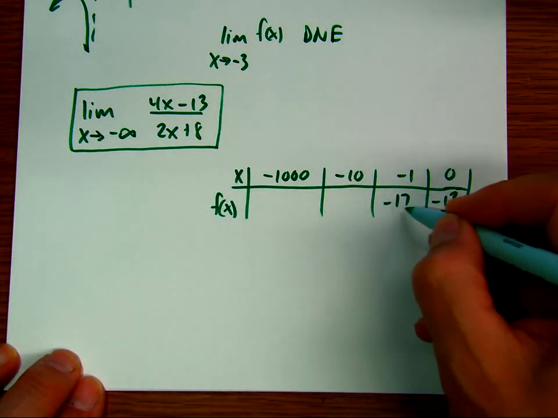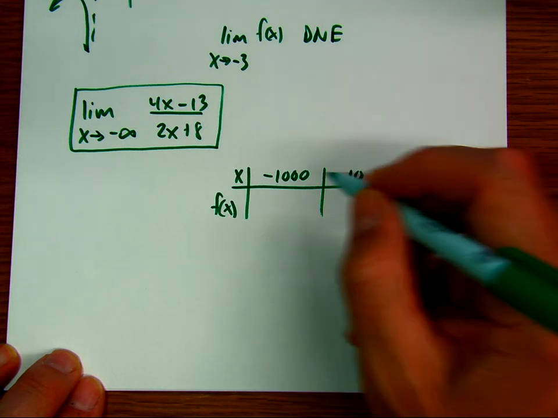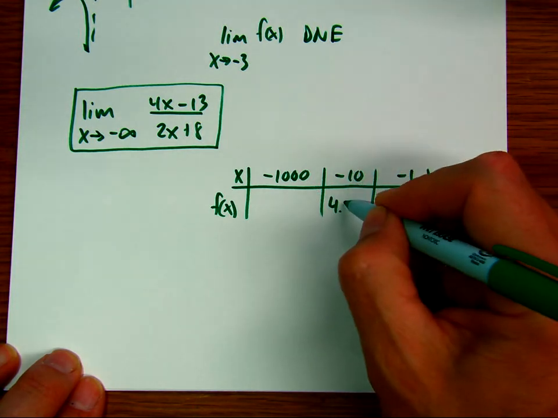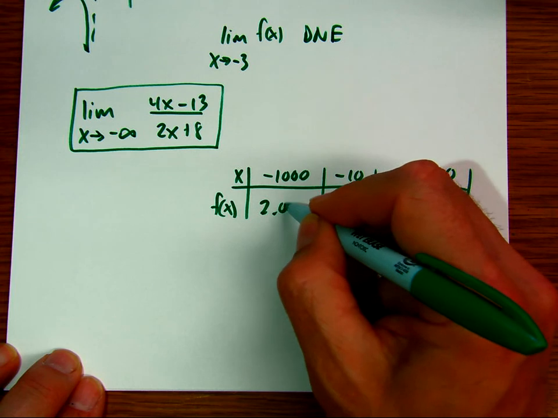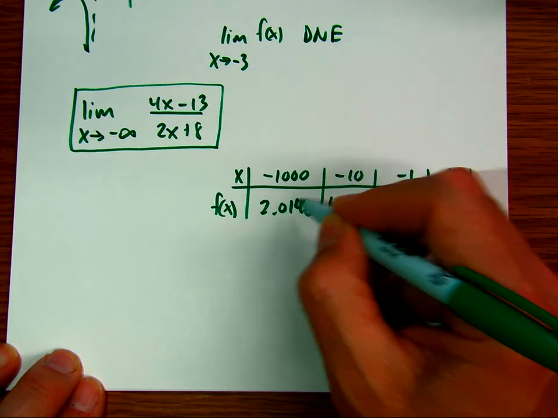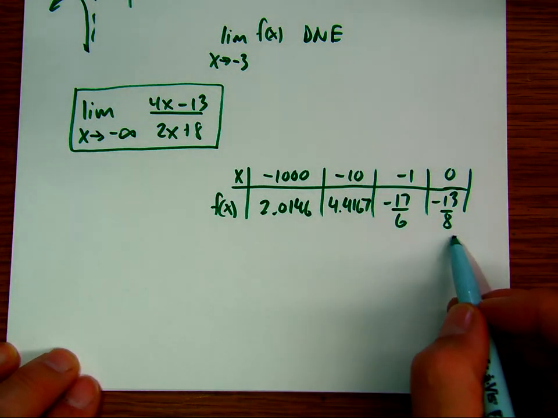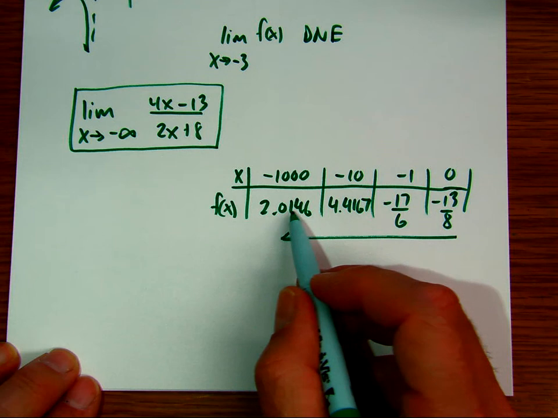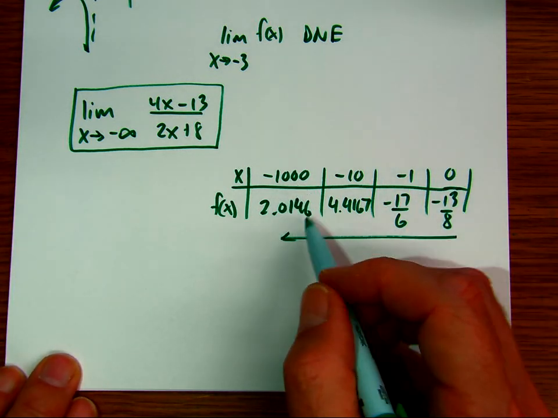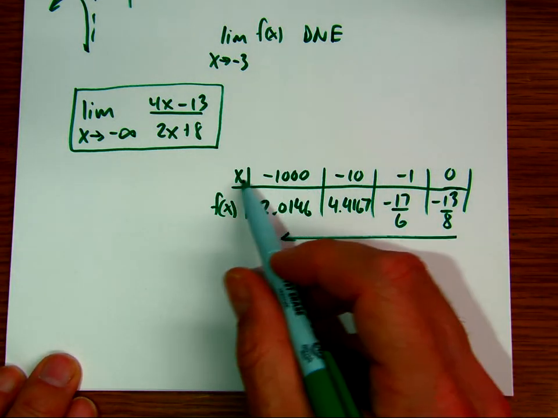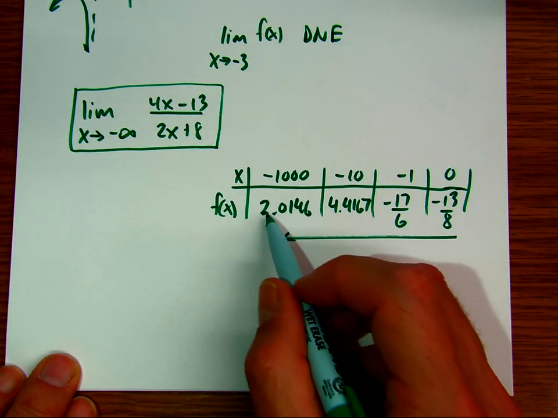Here at -1, we get -17/6, 4.4167, and 2.0146. So we want to know what's happening to the y value as the x value goes to -infinity. And if we kept on going with larger x values, we'd see that we just keep getting closer to 2.